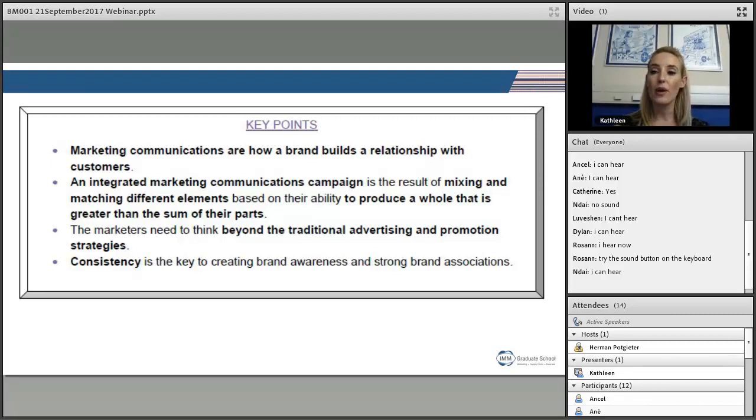There are 4 key points that summarize what we are going to be addressing. The first one is that marketing communications are the way that a brand builds a relationship with the customer.